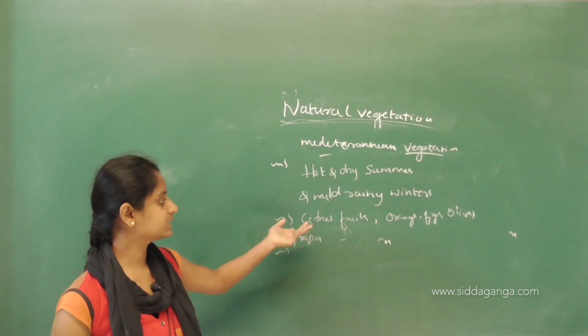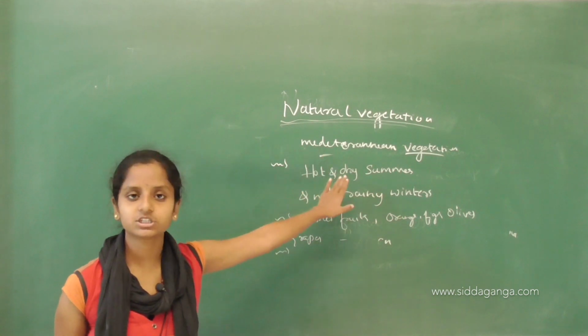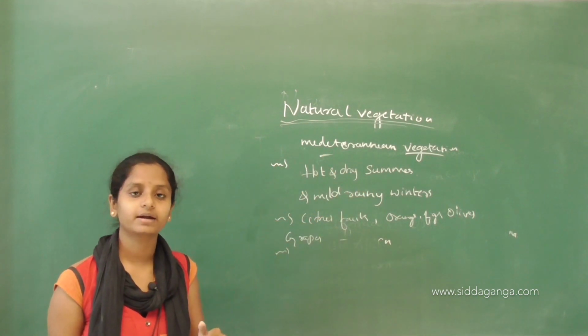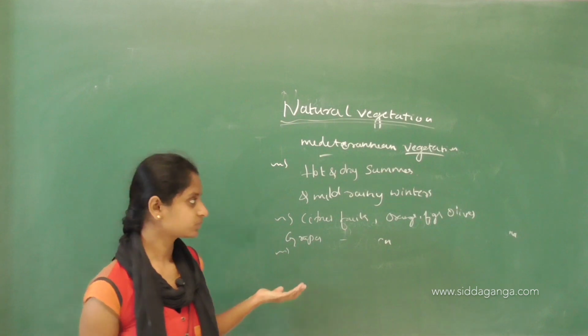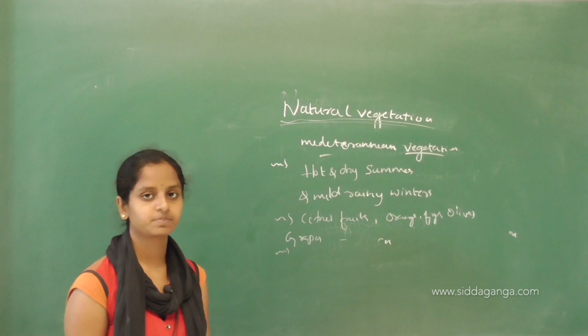That is why we only see these kinds of fruits. That is why Mediterranean vegetation is also known as the orchard of the world, because here we can only see fruits. Okay.